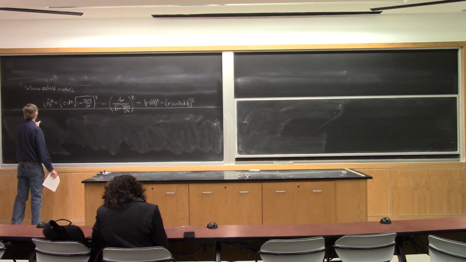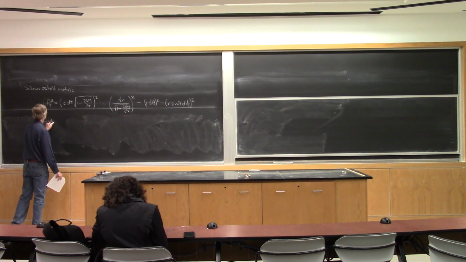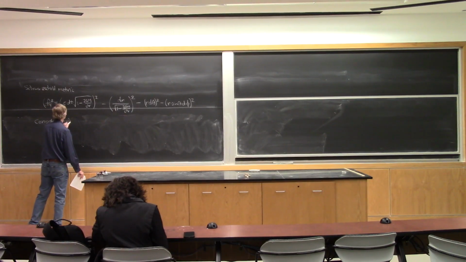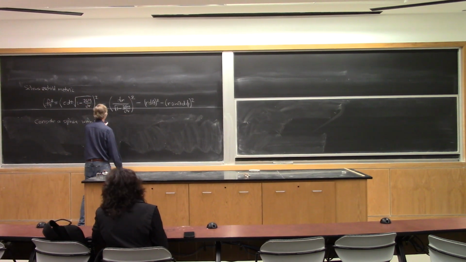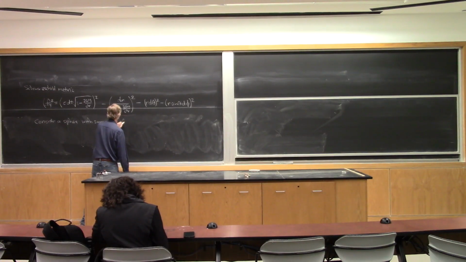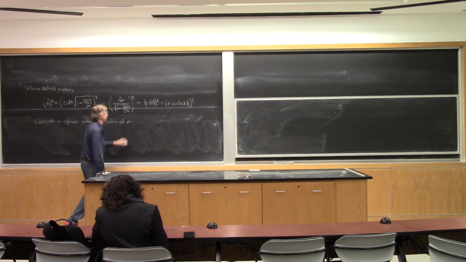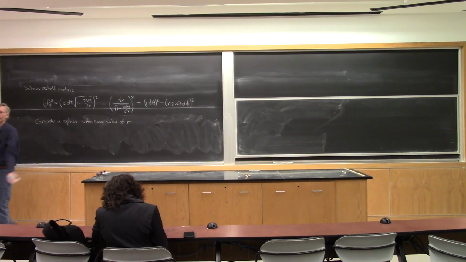But let's consider a sphere with some value of r. So all the points with some value of r will be a spherical surface in space. Last time I mentioned interpreting r as circumference over 2 pi for any circle.